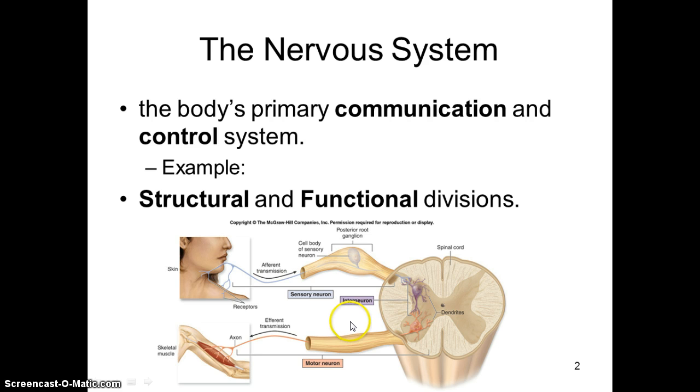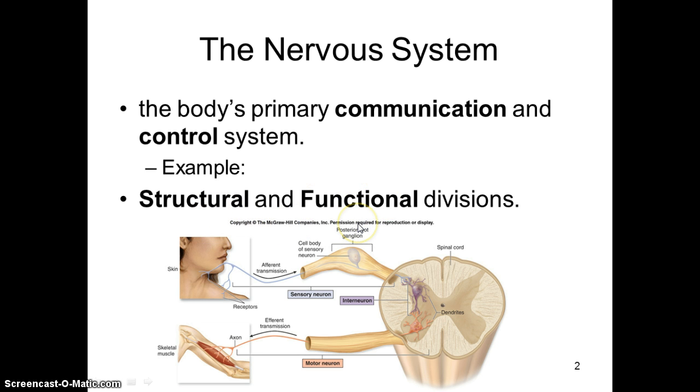Now we can divide the nervous system into both functional divisions as well as structural divisions. And if you recall, structural refers to the actual physical, tangible parts, how these neurons look, for example, or the different parts of the nervous system, or how we would divide the nervous system into the structural divisions.